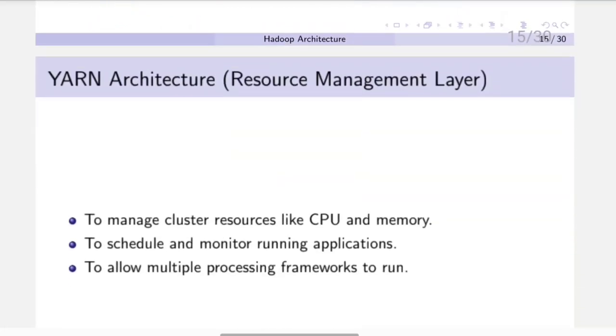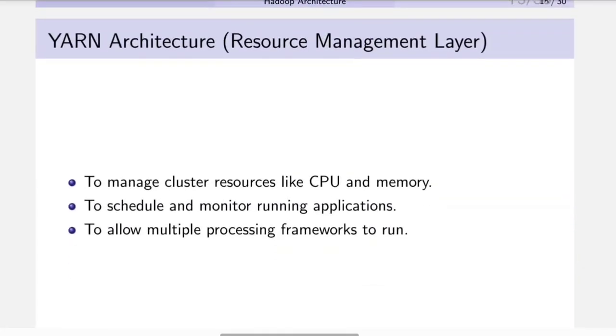Now moving on to the main important thing, YARN. YARN is nothing but Yet Another Resource Negotiator. YARN manages resources like CPU and memory. It decides which student job runs first.